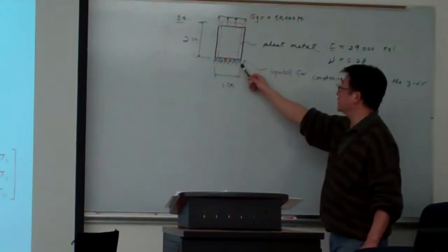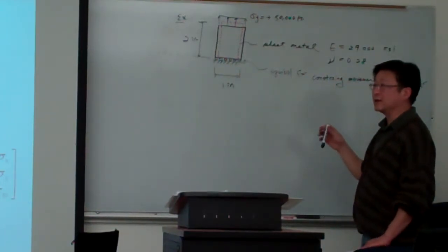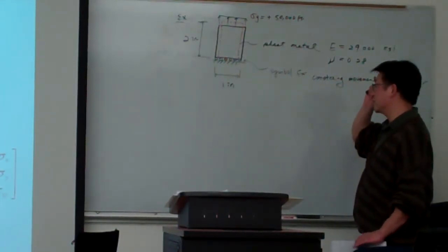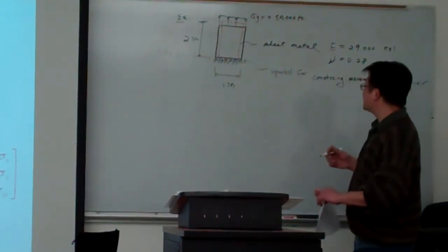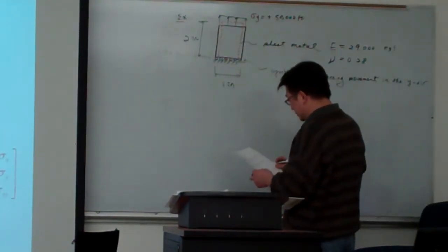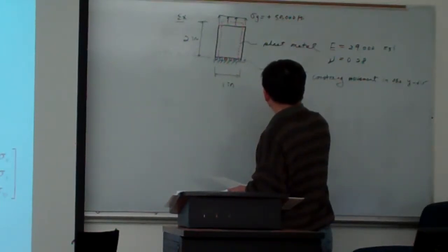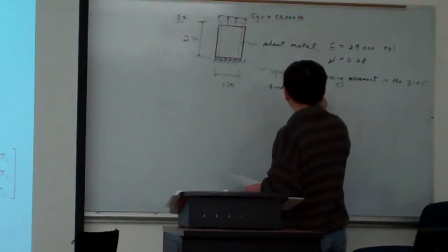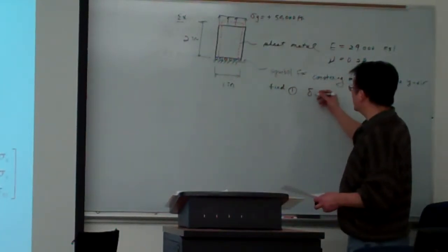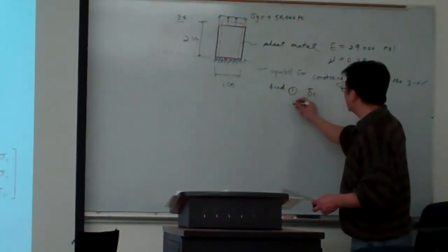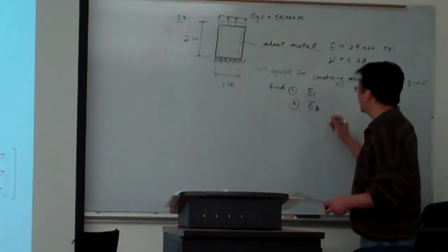Using this roller confines the deformation in one direction. Under these situations, we want to calculate the deformation in the x direction and then the deformation in the y direction.